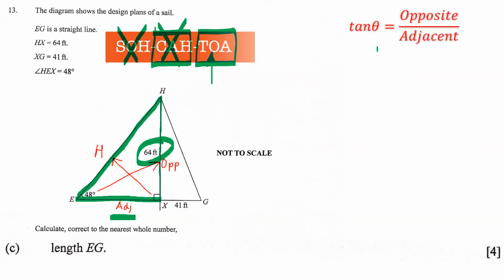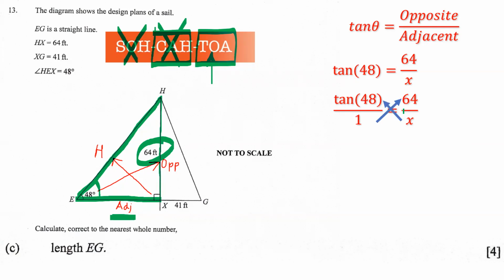So tan theta is equal to opposite over adjacent. Notice that theta is the given angle. That's 48 degrees, this one right there. And then the opposite is 64 feet, which we notice from the diagram. The adjacent is x, because that's the unknown. Now I'm going to put tan 48 over 1, and we're going to cross multiply because we're trying to find x.